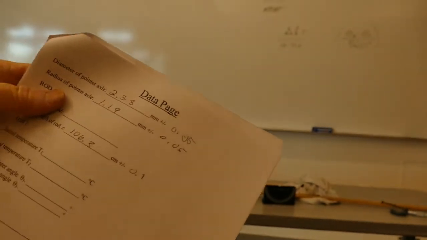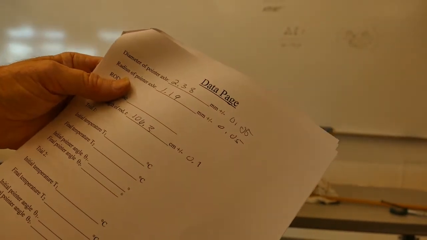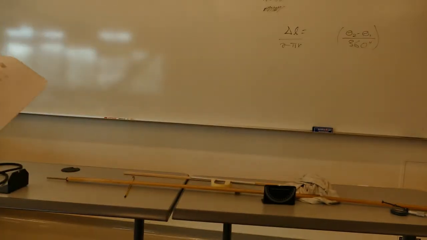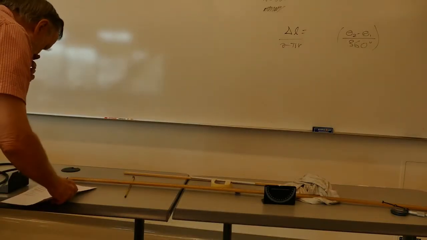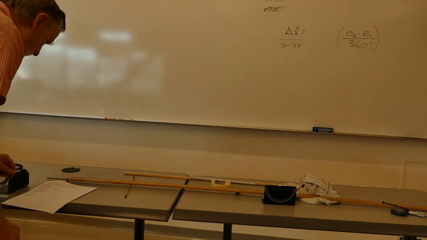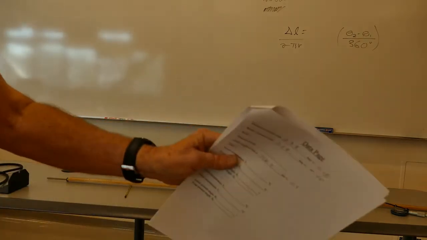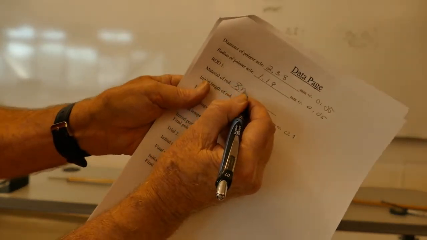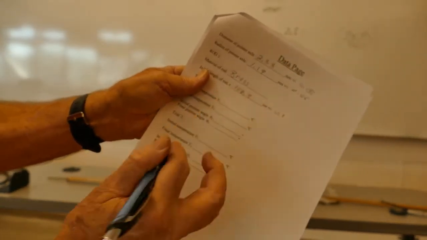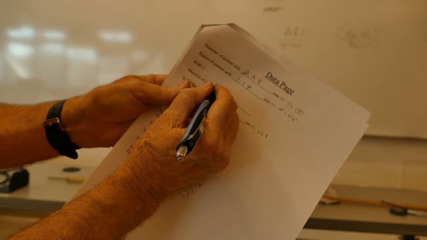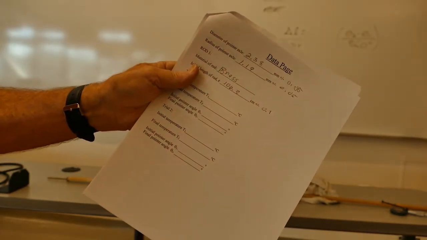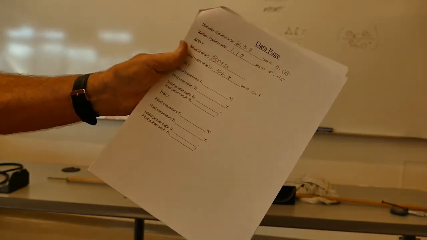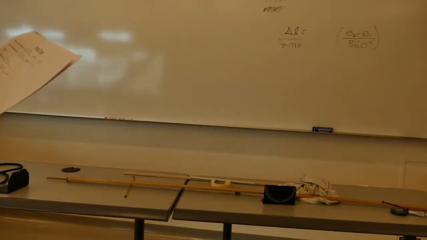So now we have the radius of that little axle, about 1.19 millimeters. The material of the rod, you can write on your data page, is brass. This will allow us to compare the coefficient of expansion for brass that we get experimentally with the known value.